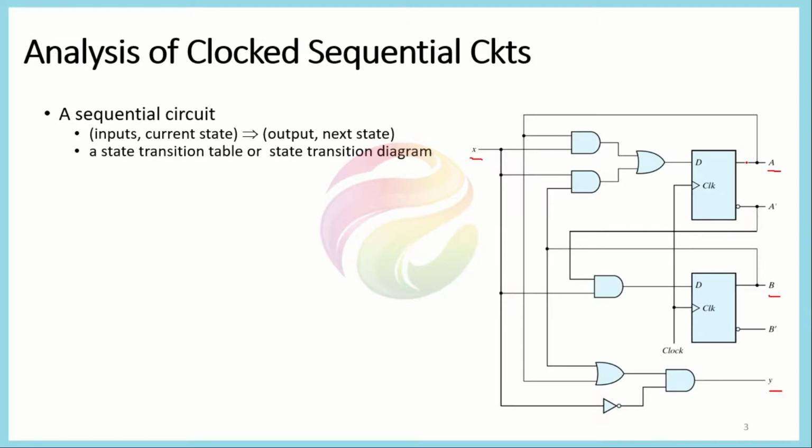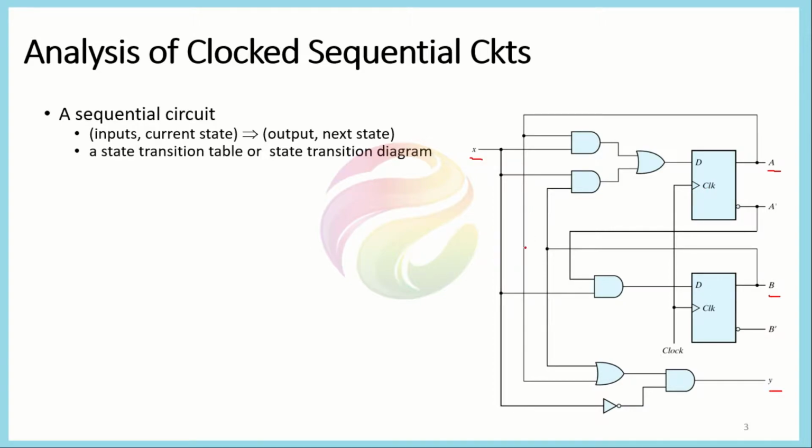So this D is representing the input to the first flip-flop, while this D is representing the input to the second flip-flop. Both of them are connected through a clock signal because they are sequential circuits. And we are dealing with clocked sequential circuits, so that's why we are representing the positive edge in the form of this arrow.